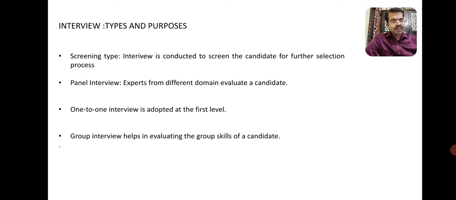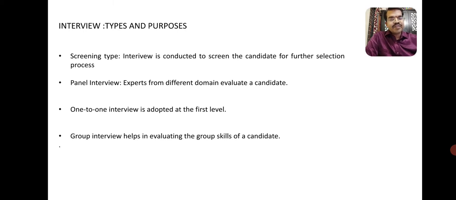So the profile of the candidate is a very important parameter, which, if it qualifies in the first round, then he will get through the screening round of the interview. So the profile and suitability of the candidate are very important at the screening type of interview.